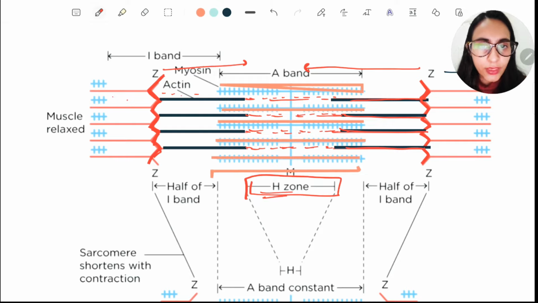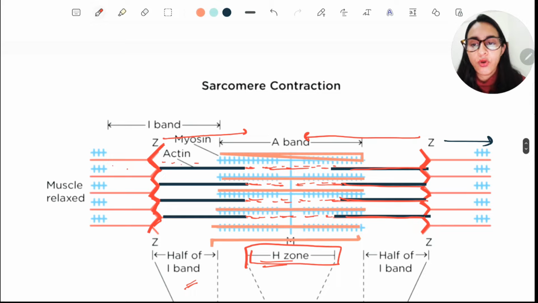So the thin filaments come closer. Also the length of the H zone and the I band decreases because the Z line is coming closer, and the length of the A band remains constant.